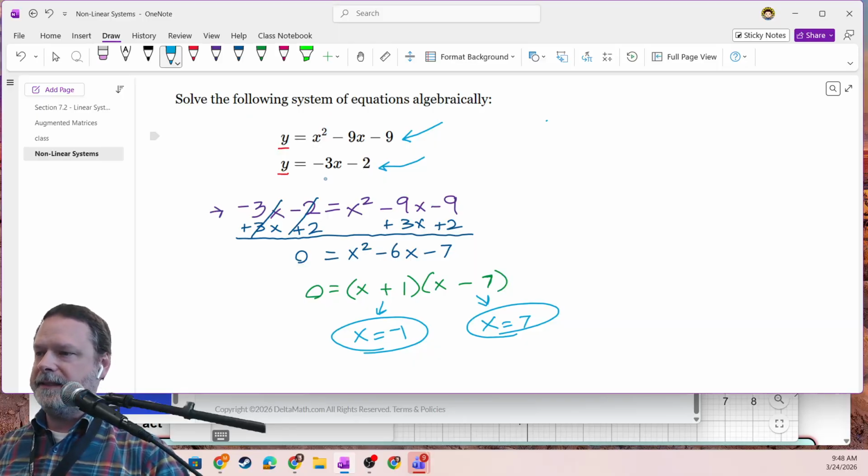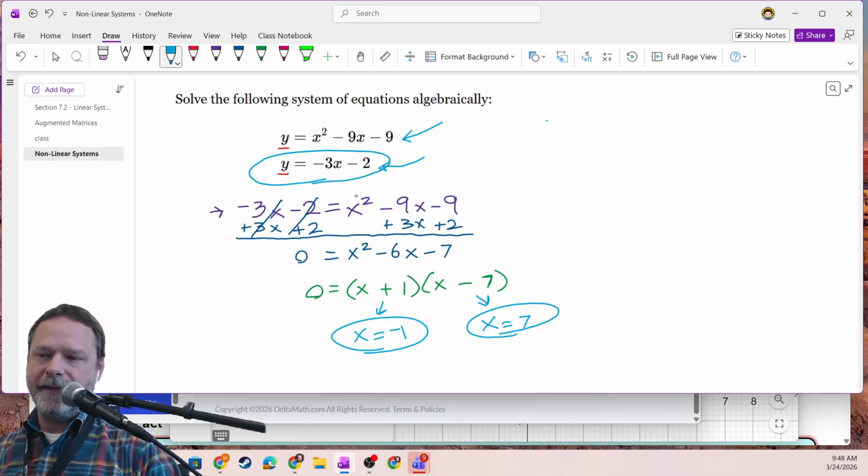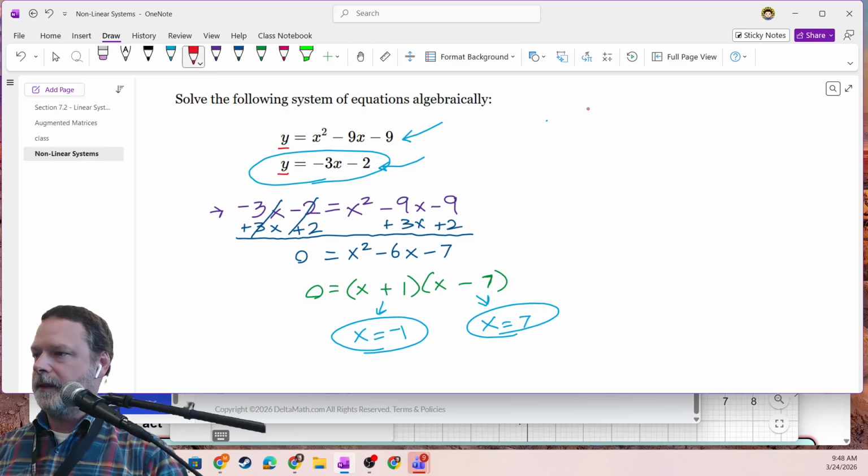I'm going to pick the easiest one here to get my y's, because we need y's to match up with each of these. So if x equals negative 1, that implies that y equals, I'm going to do this one, negative 3 times negative 1 minus 2.